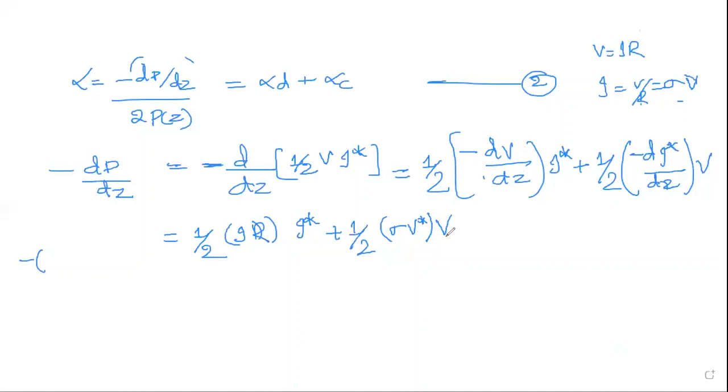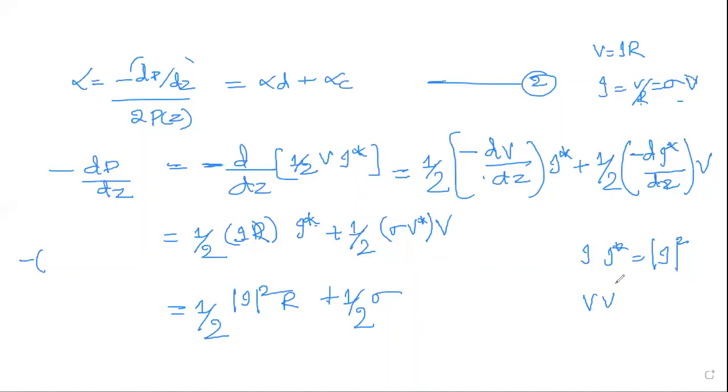So this equation, you can write it as half into, you know, I into I star is nothing but the magnitude of I, anything with the complex conjugate, which is magnitude of I. So I can write it as magnitude of I square into R plus half into sigma, here it is V into V star, which is equal to magnitude of V square.